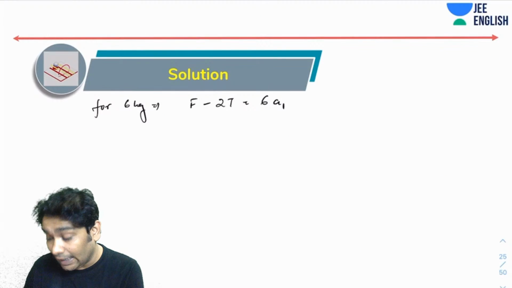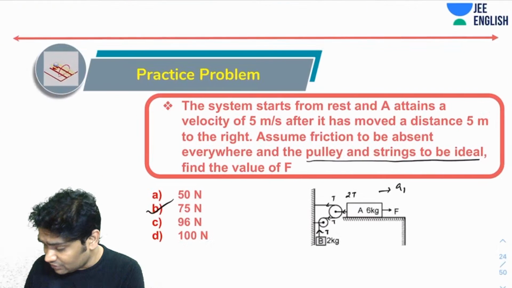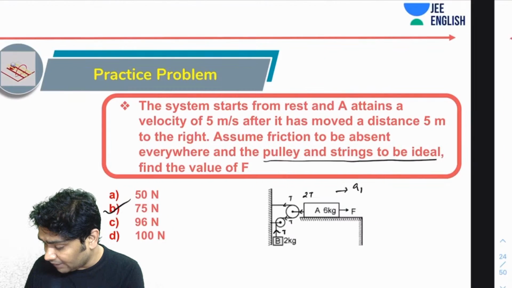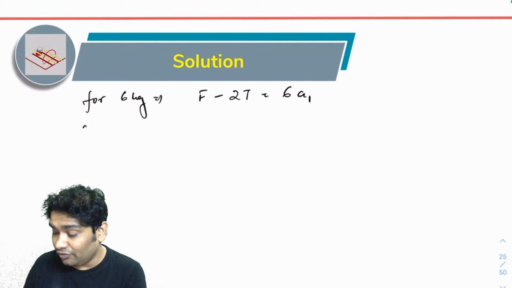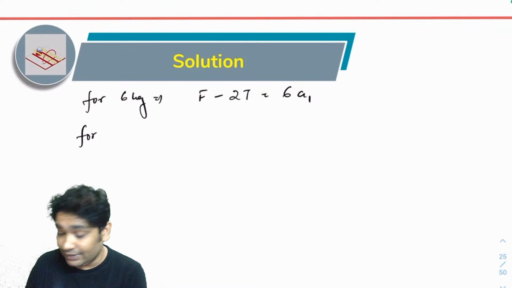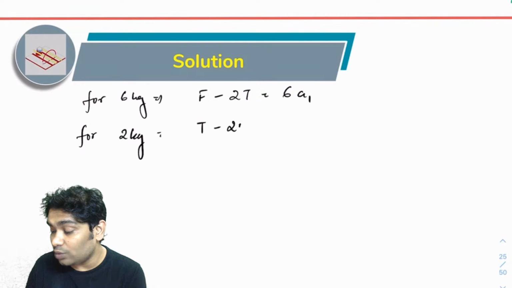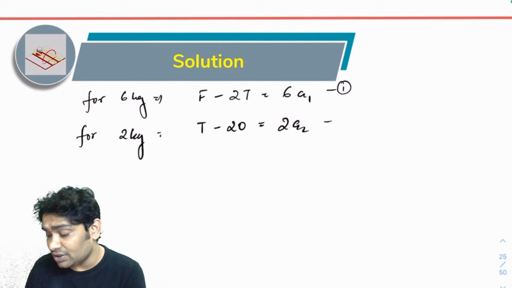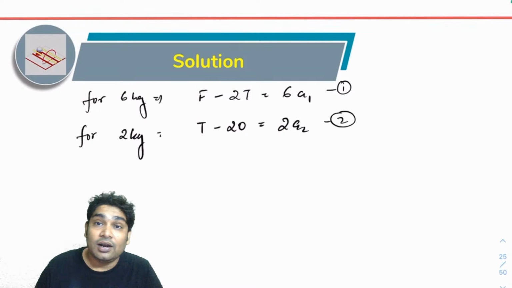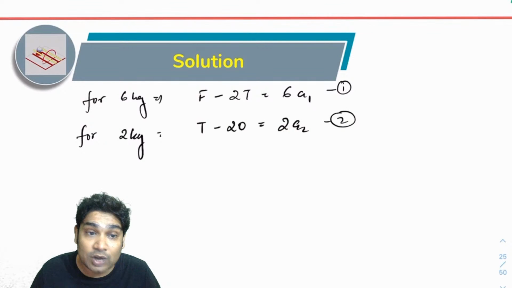Let's assume that this guy is moving up. So for 2 kg, I can write T minus 20 equals 2a2. That's my first equation. That's my second equation.